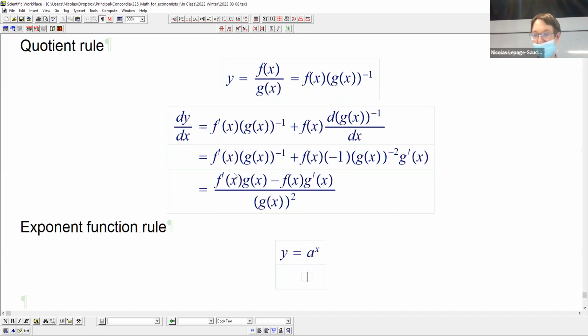And how should I do that? Well, dy dx equals a to the x times the natural log of a. I'm not telling you why, because at some point we have to stop the madness.